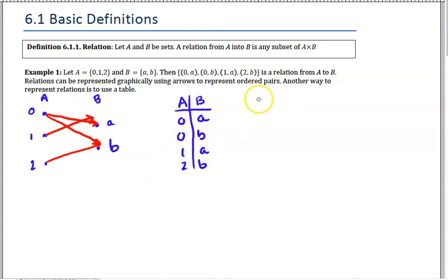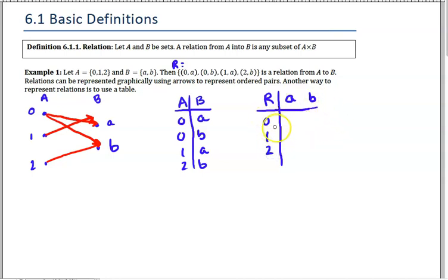All right. There's another type of table that's useful. Let's say we call this relation R. So this is relation R right here. You'll see that relations can be given capital letters and lowercase letters. They're fairly interchangeable. And here I'm going to have A, B, and here I'm going to have 0, 1, 2.